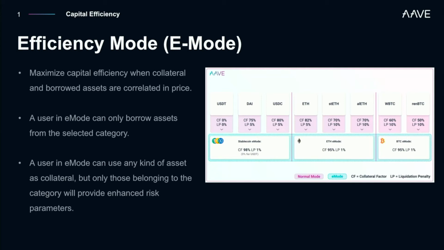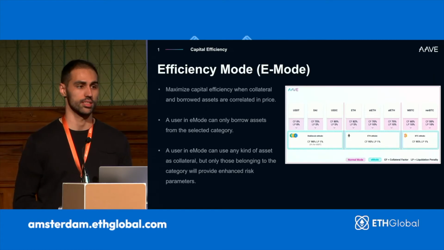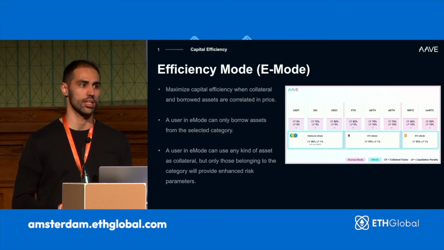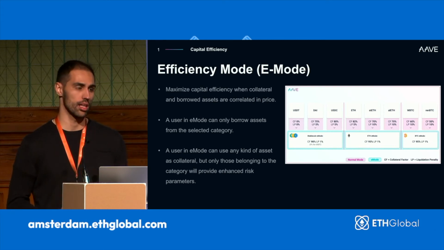When a user enters E mode in one of these categories, let's say, for example, stablecoins, the user will be able to enjoy a high borrowing power using stablecoins as collateral, but they will only be able to borrow stablecoins.